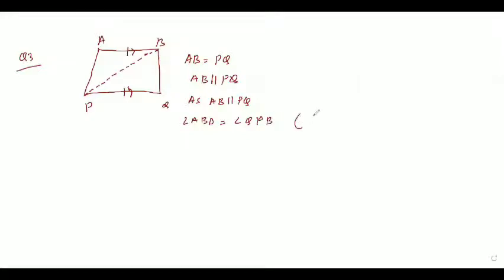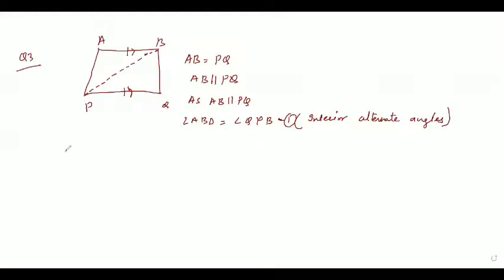The reason is interior alternate angles. So we will write it as our first result, or we can say we will write it as 1.